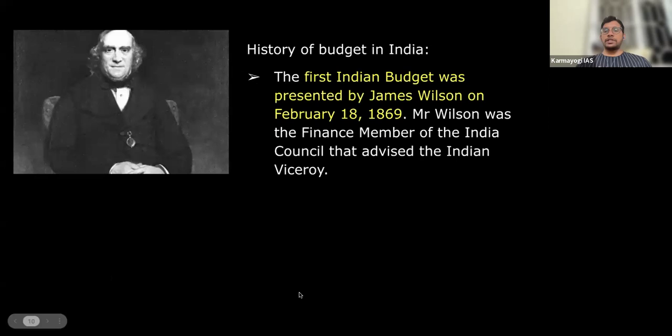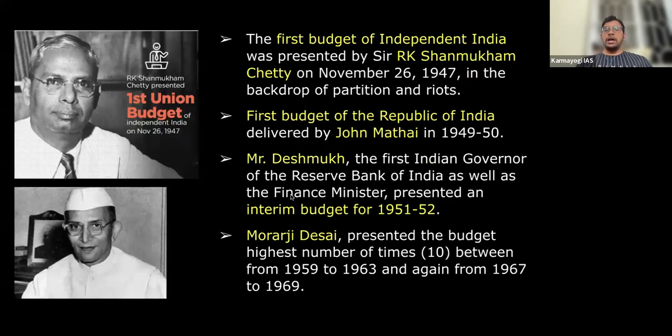You can see quickly. The first Indian budget was presented by James Wilson in 1869. He was the finance minister then, and he was the first one to present the budget. And the first budget after independence in 1947 was presented by R.K. Shanmukham Chetty.